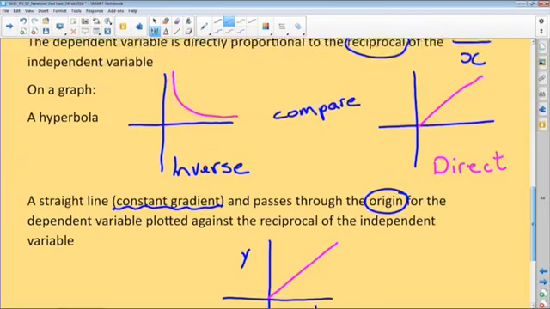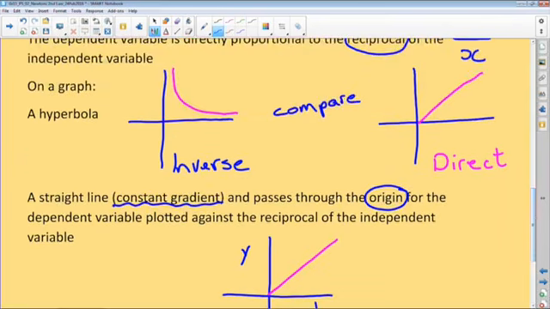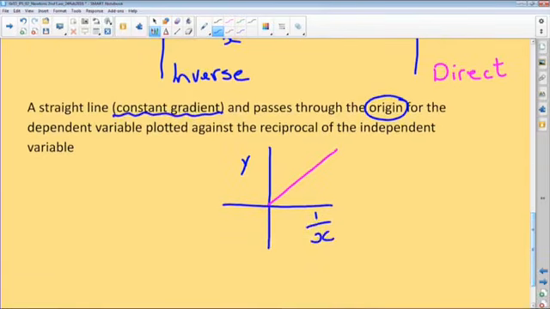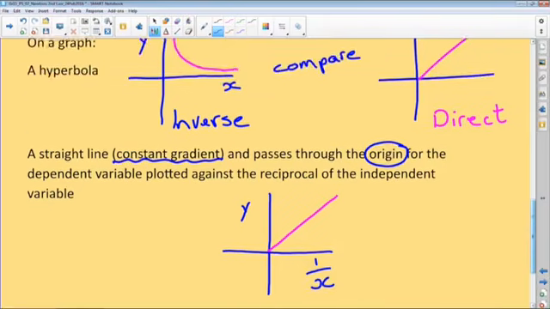Okay, so just to make sure it makes sense, let me label this one as y, and that one as x. Okay, so when we're plotting the reciprocal, the 1 over, I get a direct line, y plotted against 1 over x.